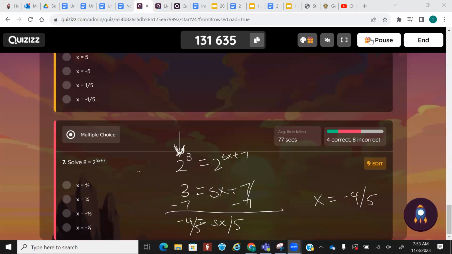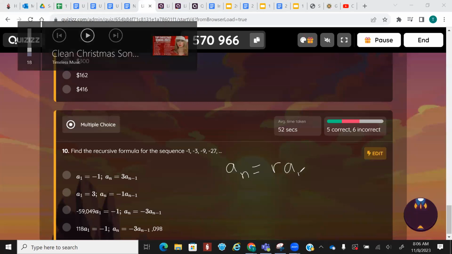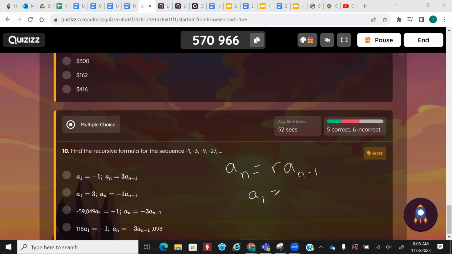Okay? So recursive formula. This is something that y'all goofed up on your mastery check. Okay. So on recursive formula, this is the recursive formula that's given to you. All you have to do is figure out your rate and your initial value. So what's your initial value here?